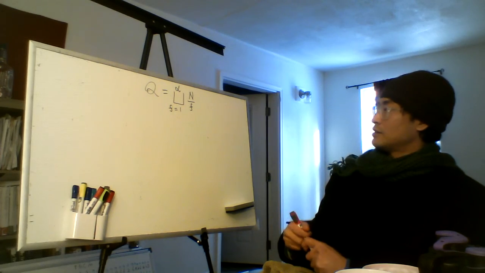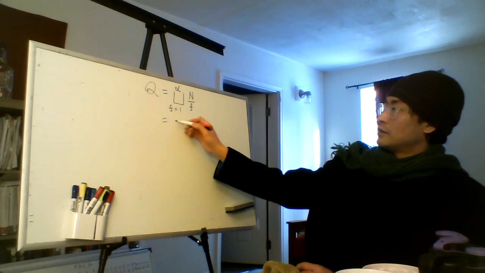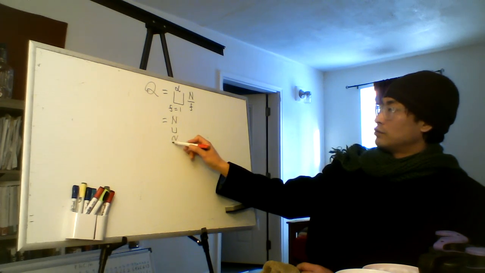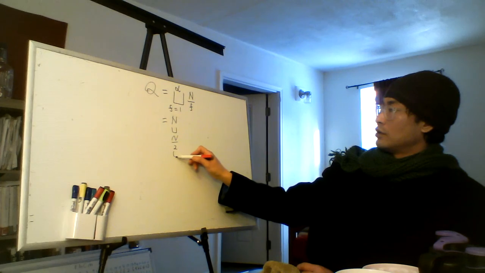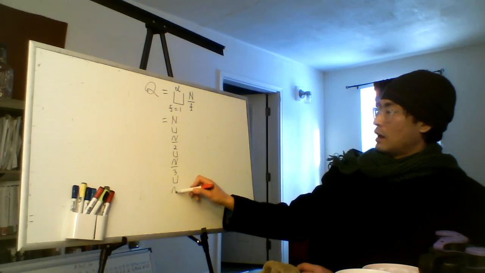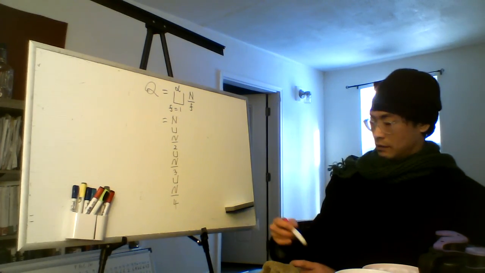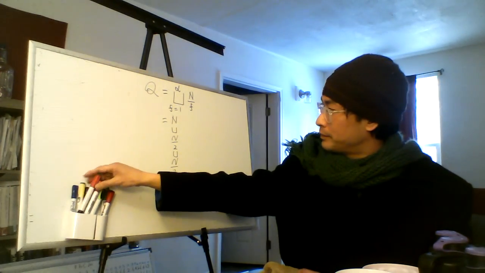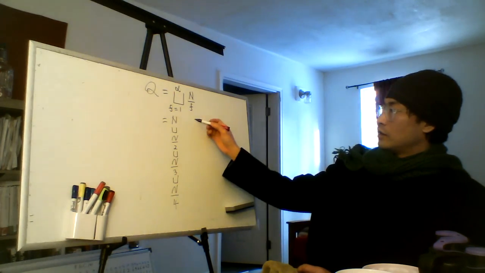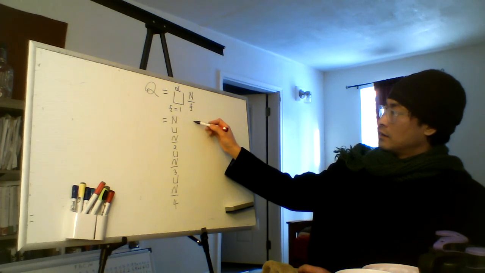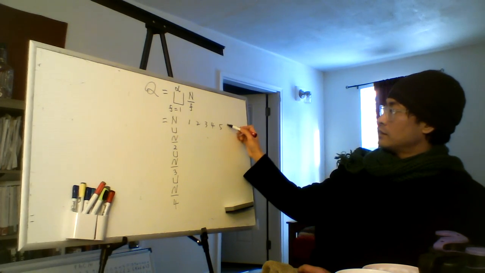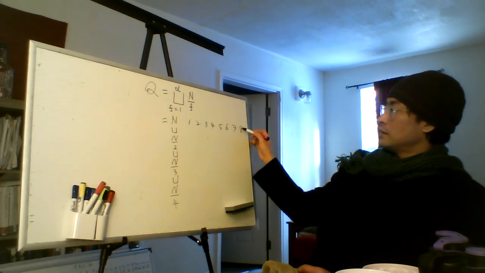If you spell it out, this is N union N over 2 union N over 3 union N over 4. And what is the set N? 1, 2, 3, 4, 5, 6, 7, 8.